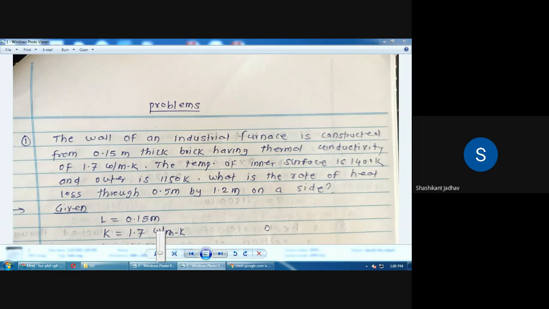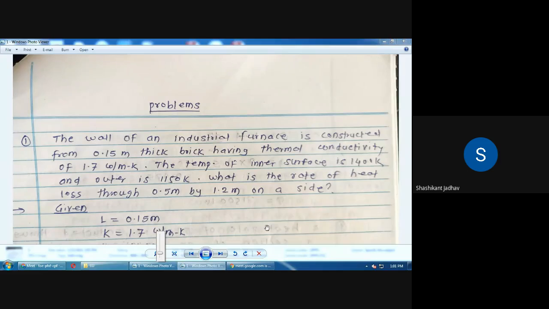0.15 meter thick brick having thermal conductivity of 1.7 watt per meter Kelvin.